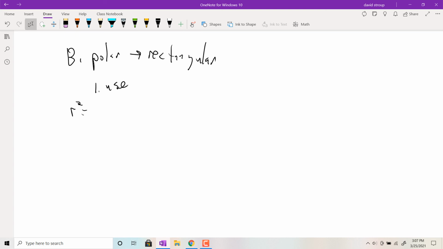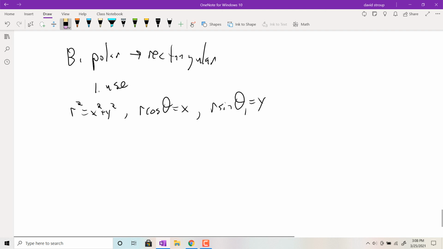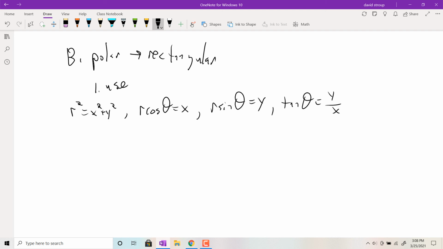The r squared equals x squared plus y squared. You could replace r cosine theta with x, replace r sine theta with y. And if you have a tan theta, just replace that with y over x, if you can get one of those things.